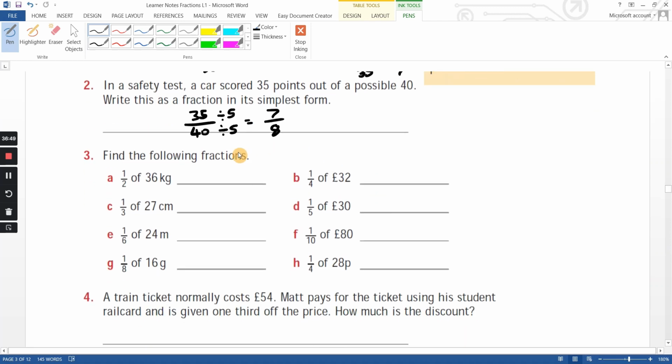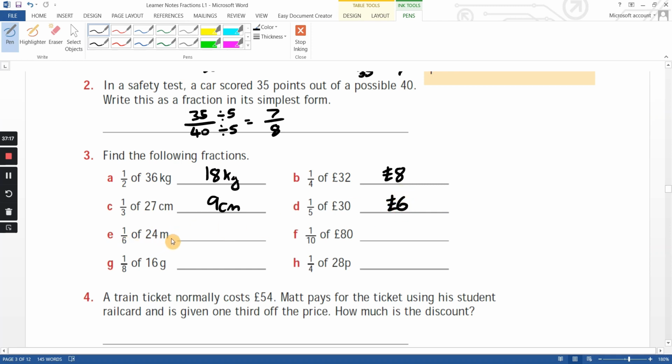Find the following fractions. Half of 36 kg, well that's 18 kg. Quarter of 32, that's 8 pounds. Yeah, don't forget the units as well, please, guys. Third of 27 centimeters, that's 9 centimeters. A fifth of 30 pounds, that's 6 pounds.